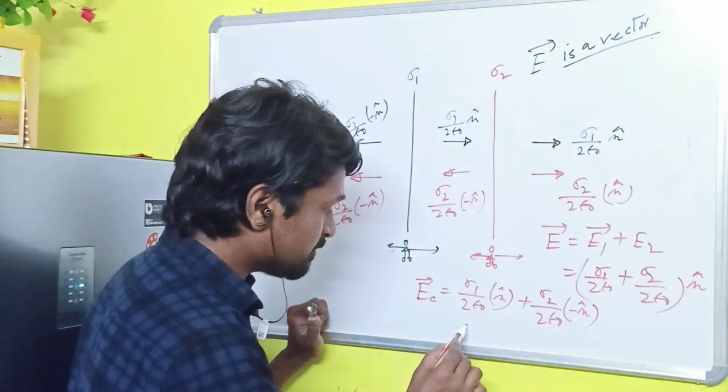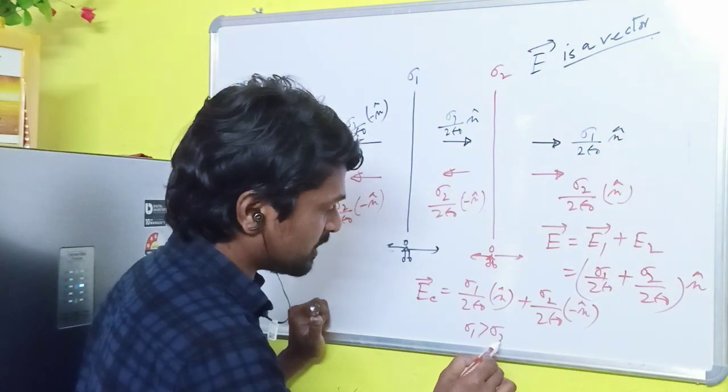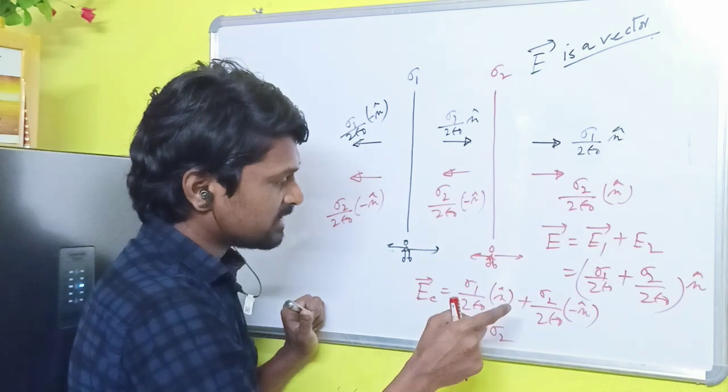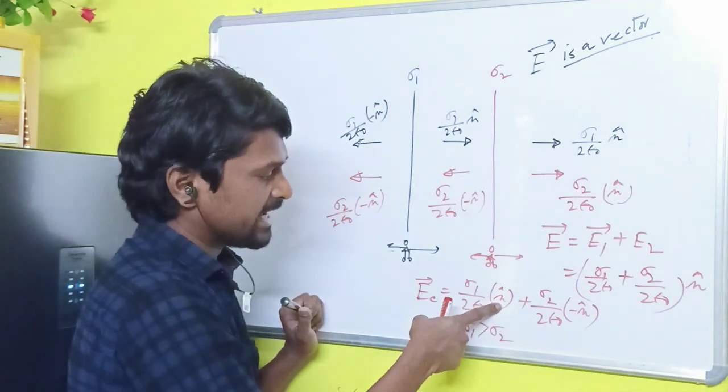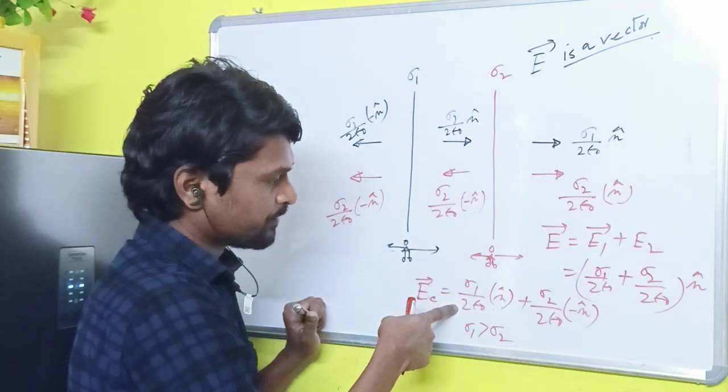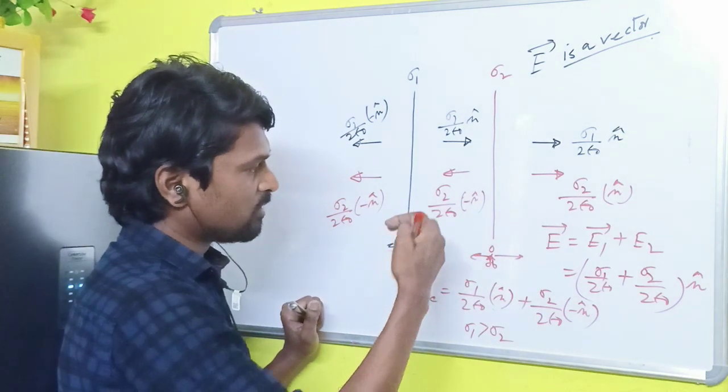So if sigma 1 is greater than sigma 2, the density of sigma 1 is greater, then the resultant direction will be along n cap. And if sigma 2 is greater than sigma 1, then the resultant will be along minus n cap.